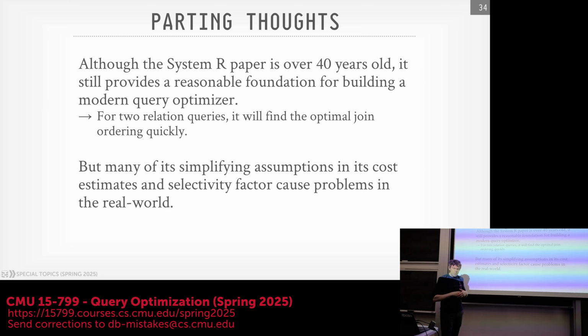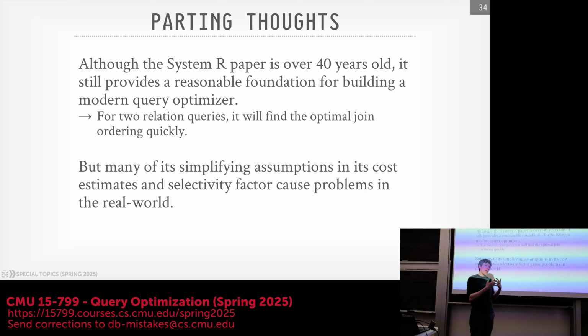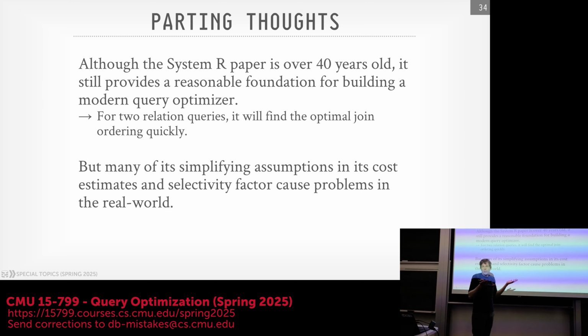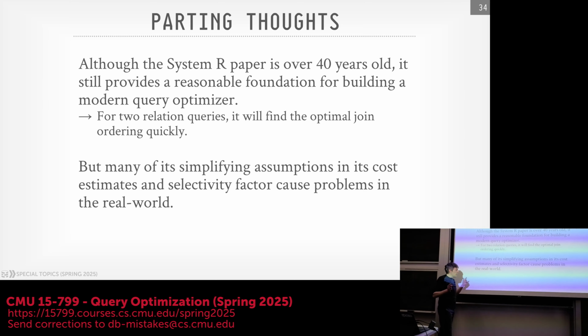And even if your query optimizer could exhaustively search all possible join orderings, if you're making decisions off of bad statistics and bad calculations, then it doesn't matter. You're probably going to pick a bad join order. But again, we'll see how to handle that as we go along.